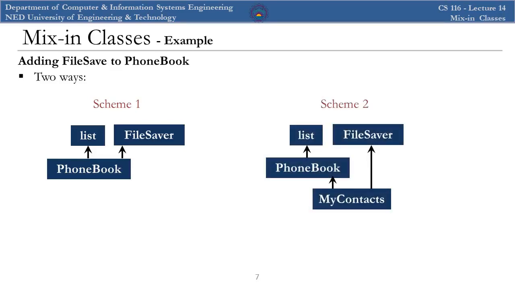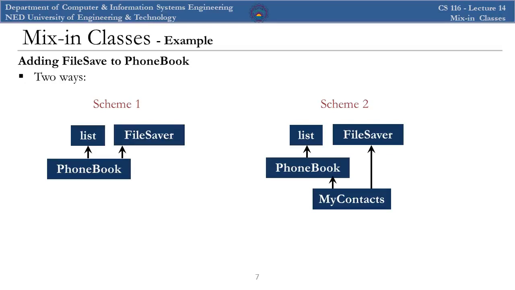And this is the second scheme, where I define a new class called my contact, and I derive my contact from phone book and file saver. So my contact will be able to access the phone book and file saver directly, and it will also be able to access the methods of list class, because that's an indirect parent too.